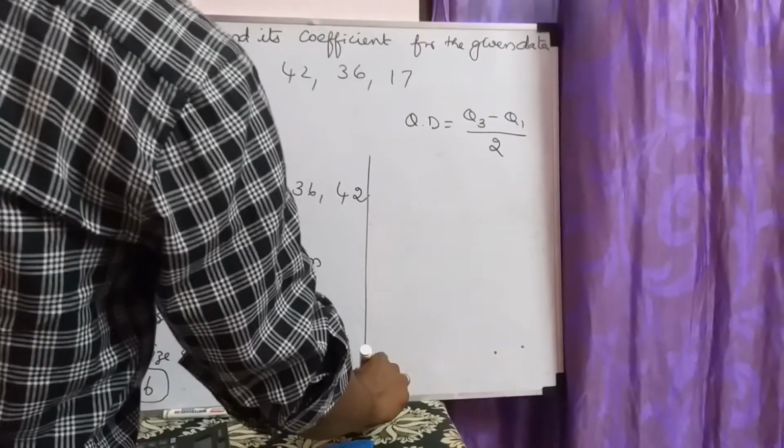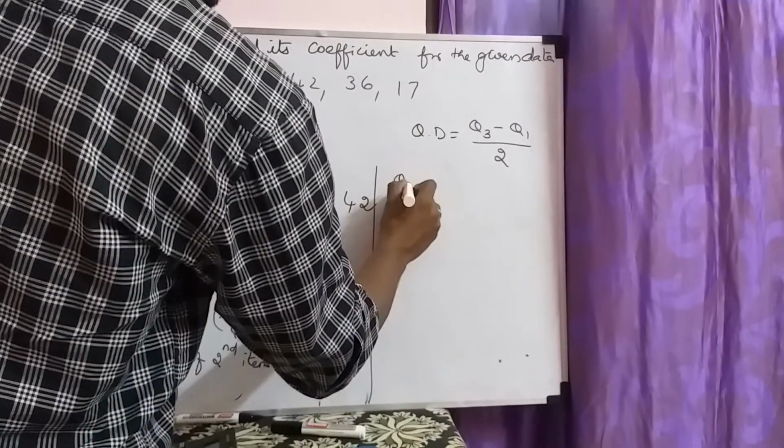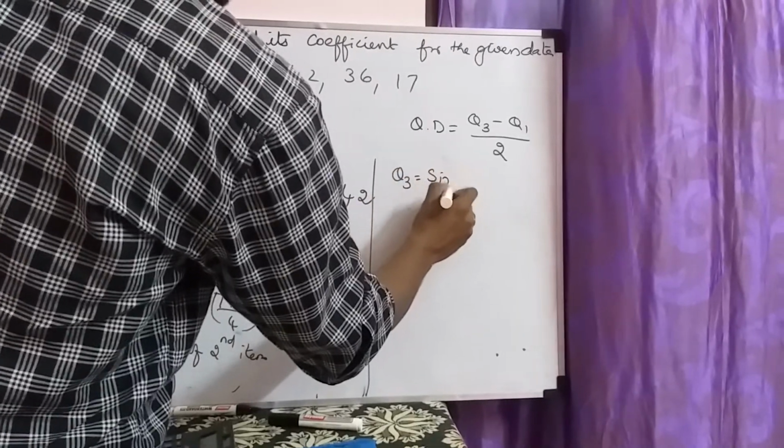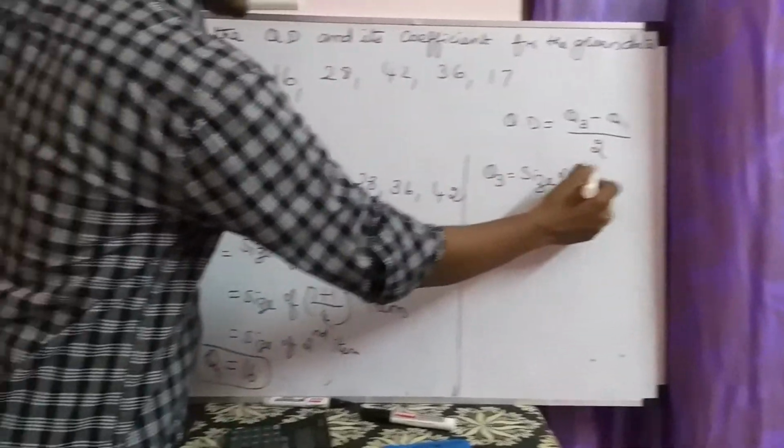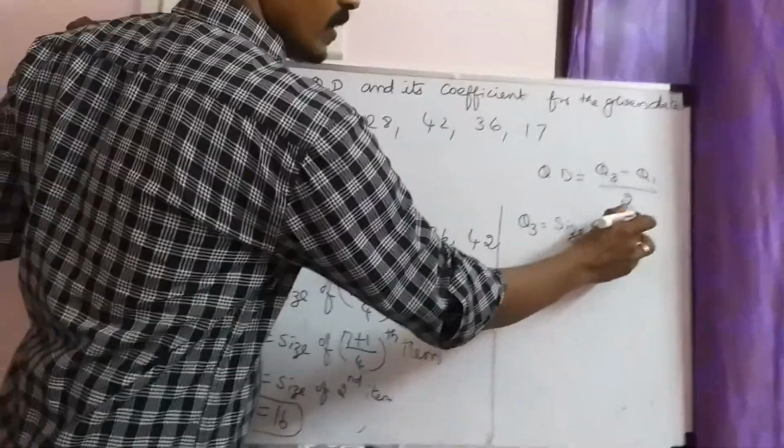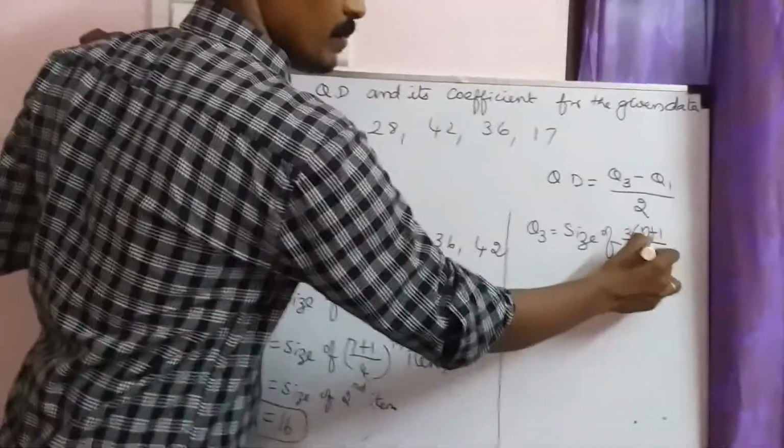Next, Q3. Q3 is the size of 3 into (n plus 1) divided by 4th item.